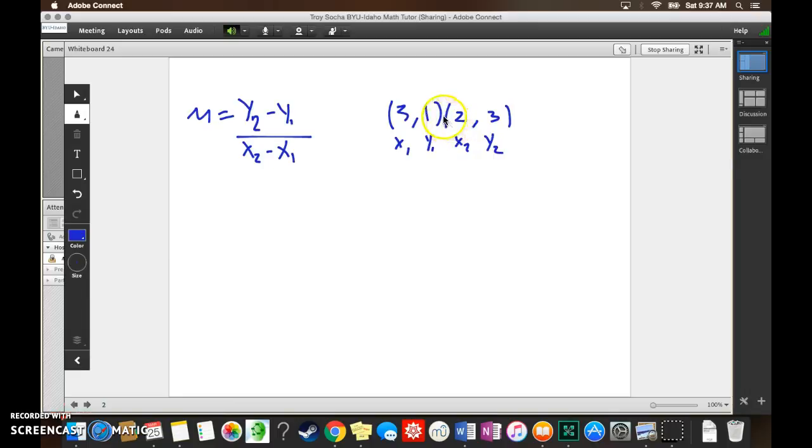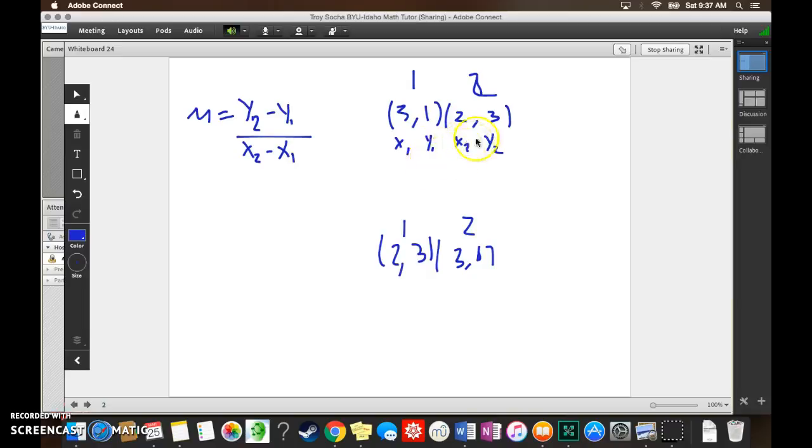Whichever point you decide is second, like this one is first, we could do the same thing, and they will produce the same answers. If we called this 1 and 2, so long as we used our 1 and 2 correctly. It doesn't matter which point you call 1 or which point you call 2. It just matters that whichever one you call 1 and 2, you use the same x from.